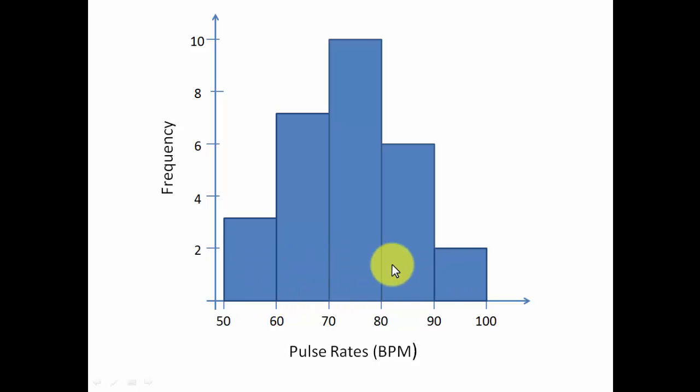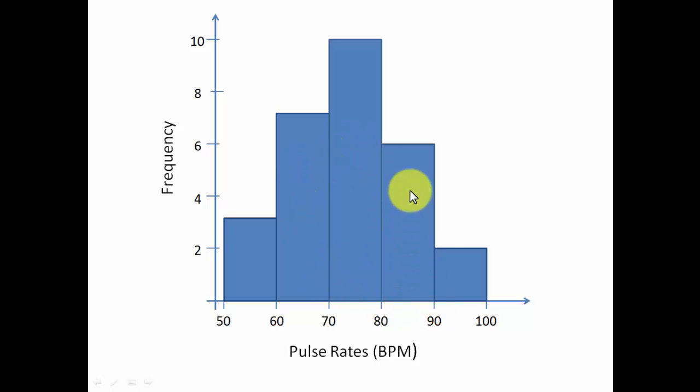So the purpose of a histogram is to show us a visual of the frequency table, but also to give us an idea of how the data is spread out. The majority of our students, if you look at these middle 3 bars, had pulse rates somewhere between 60 beats per minute and 89 beats per minute.